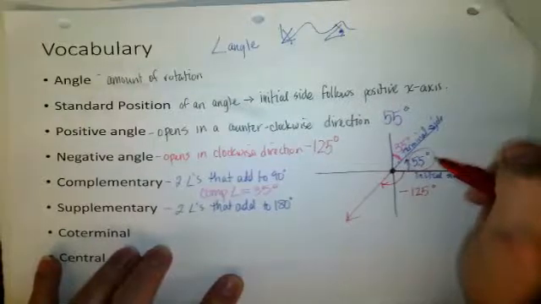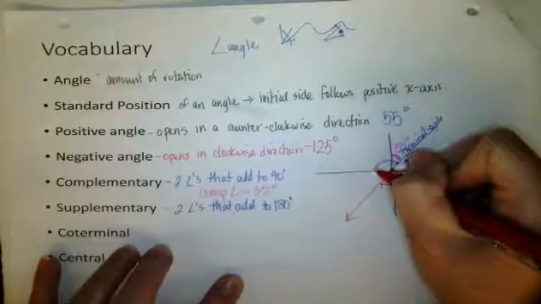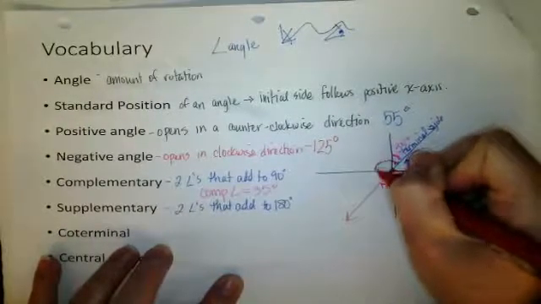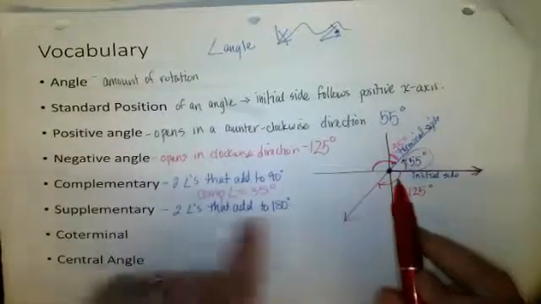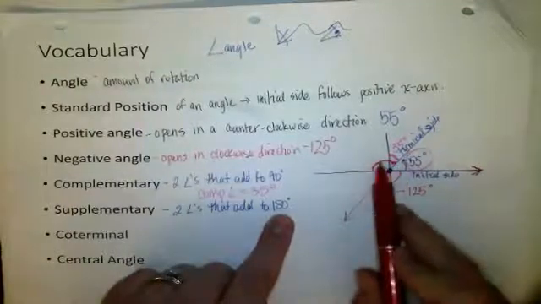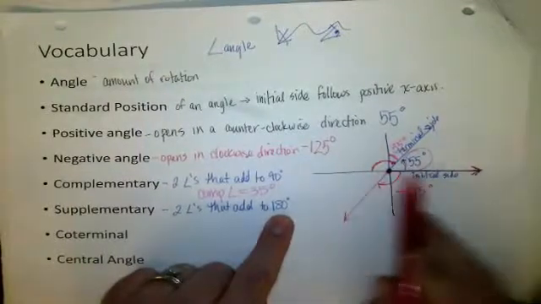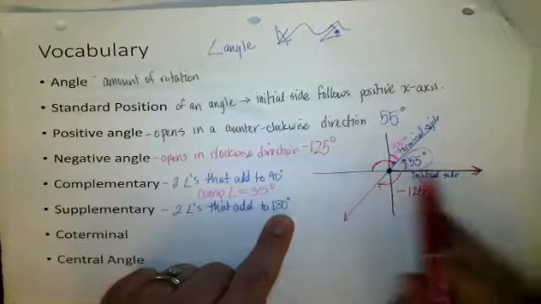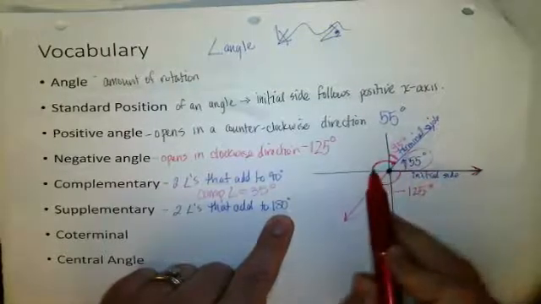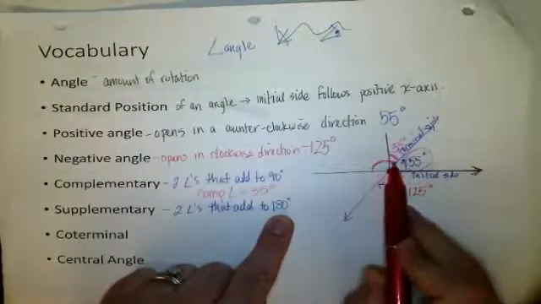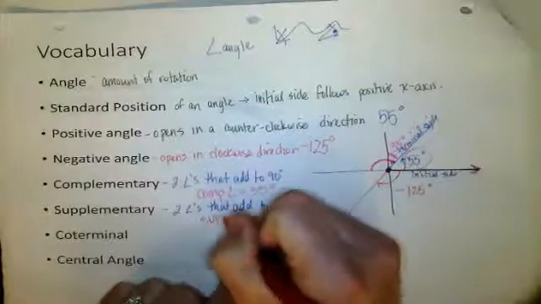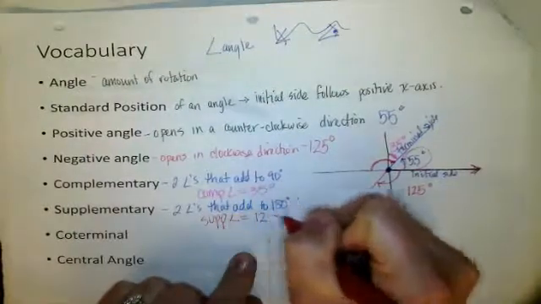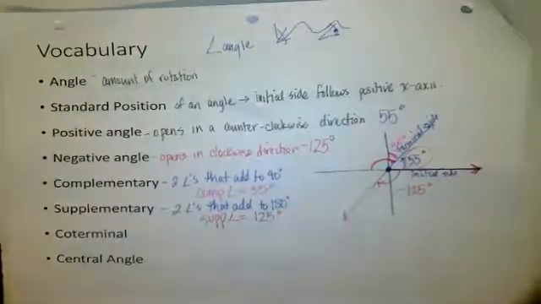Yeah, 35. 125 is right. Right here. To add to be 180 degrees. 180 degrees is the straight angle. And so right here, 90 and that 35 gives you 125. So the supplementary angle is 125 degrees.